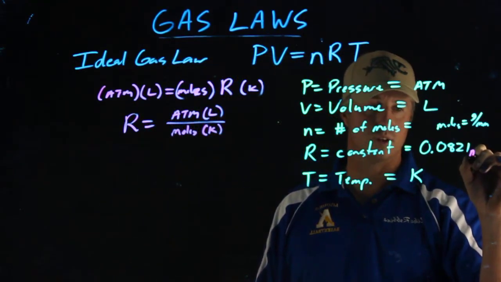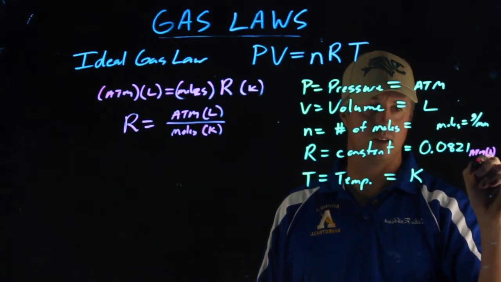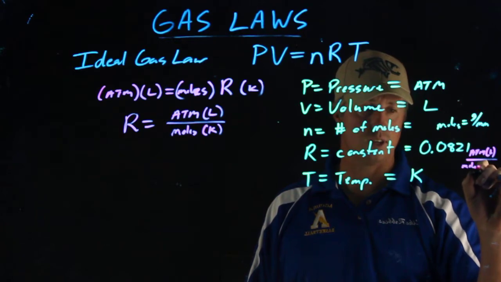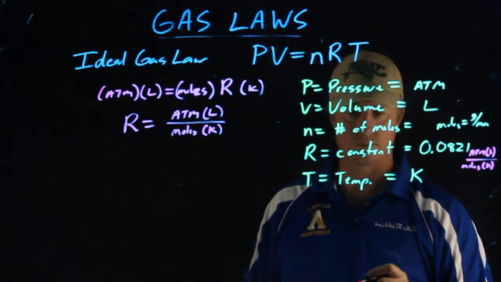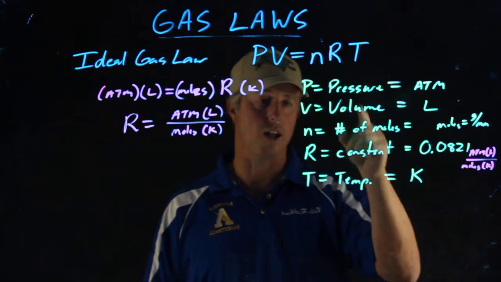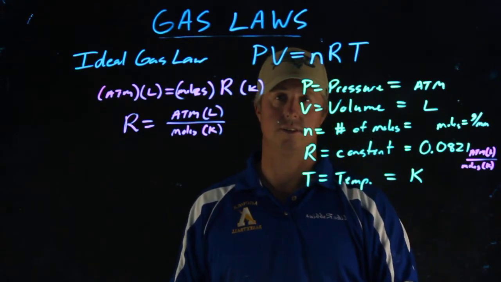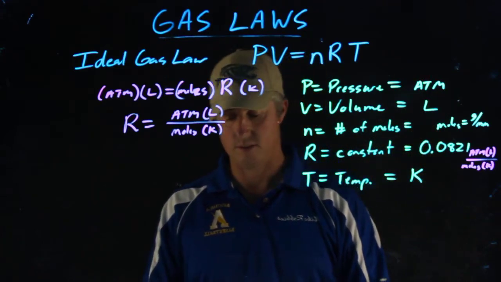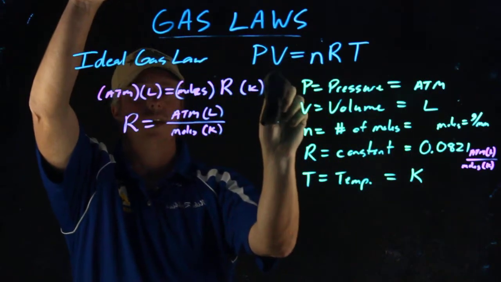And to be honest, most times we're not going to write these in as a shortcut, but realize that officially, this is what our units are. If they're not in this unit, you must convert. Otherwise, it's not going to work out right. All of these are set for those units. So let's get an example of the ideal gas law.